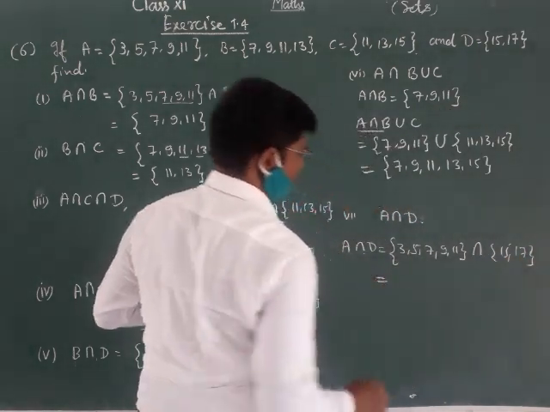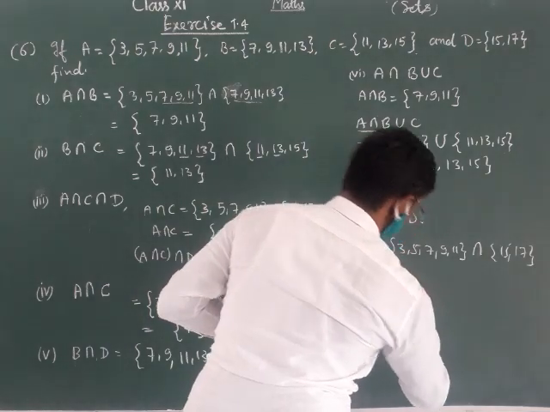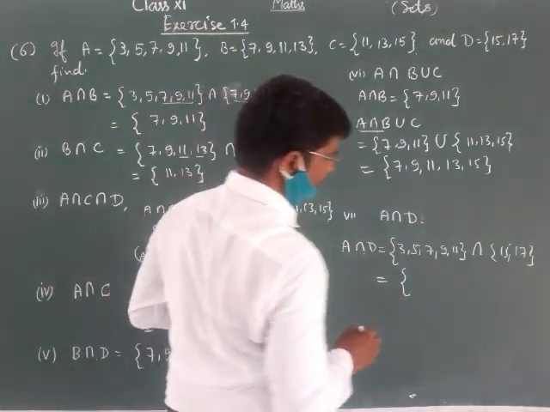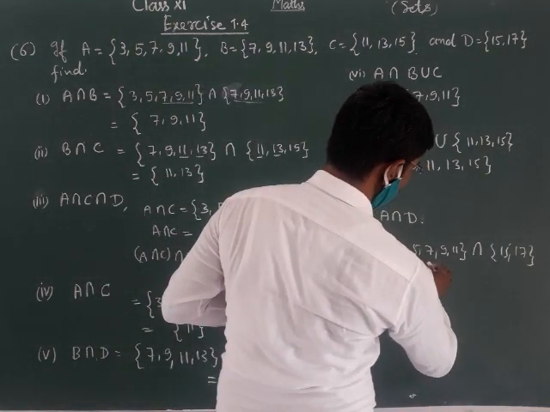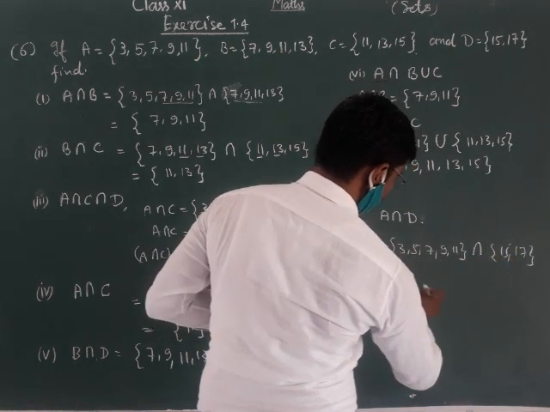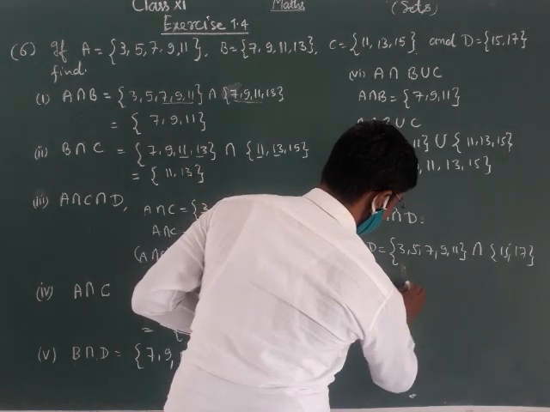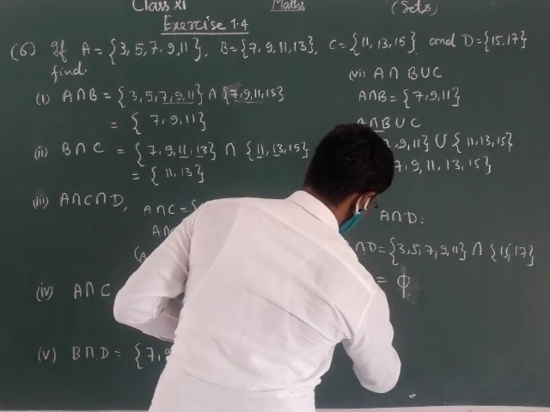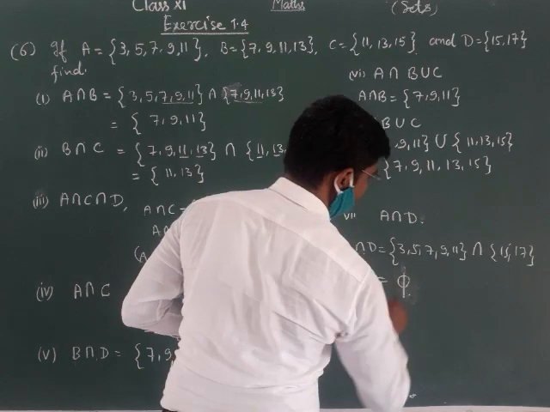For intersection, only the common elements of both sets are taken. There is no common element in both sets, so A intersection D is phi.